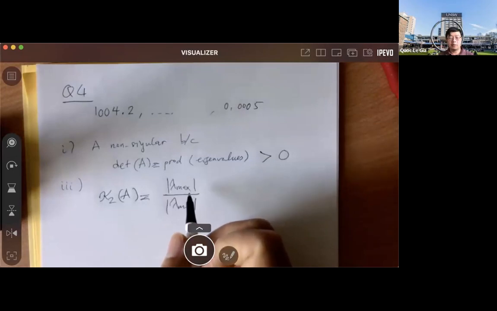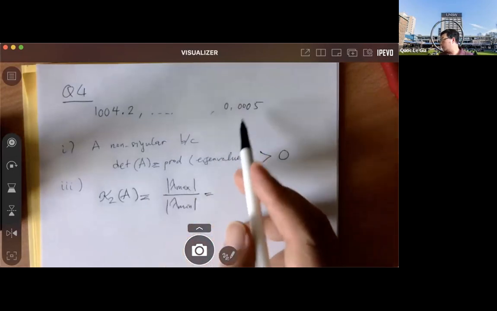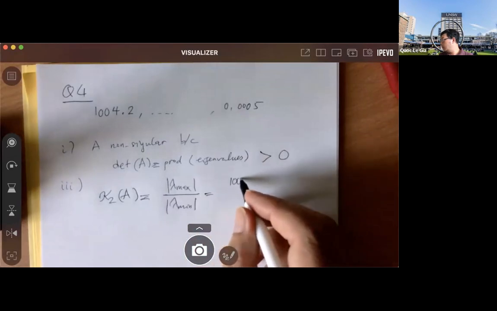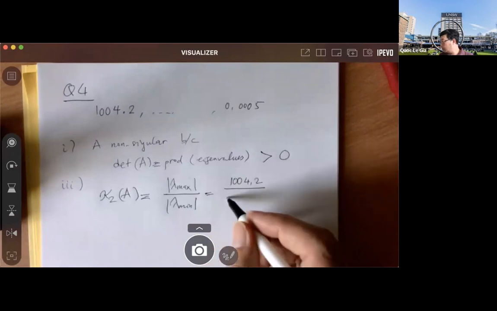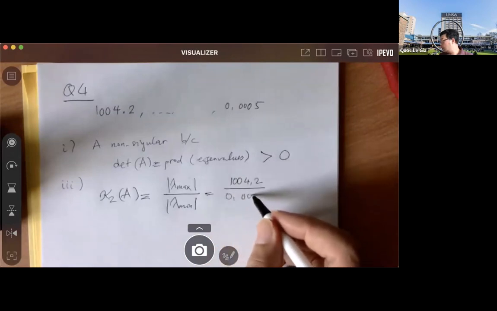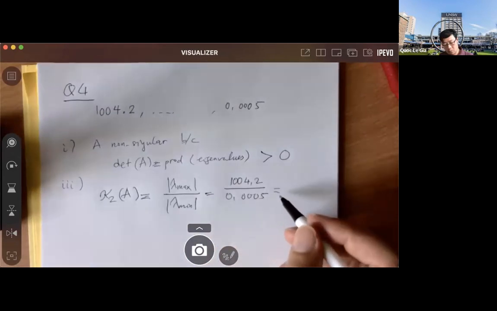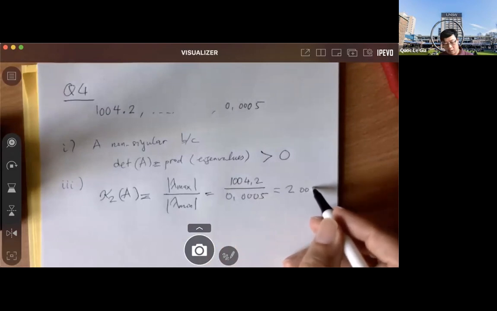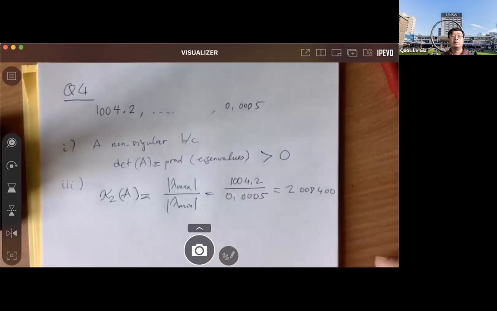This is a symmetric matrix case, yeah. And now lambda max will be 1004.2 divided by lambda min. Then you get about 2,008,400. Okay, so just plug it into the calculator.